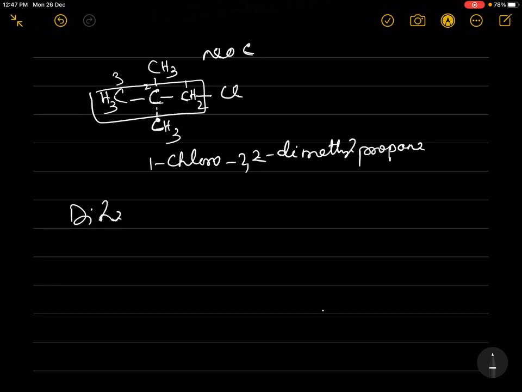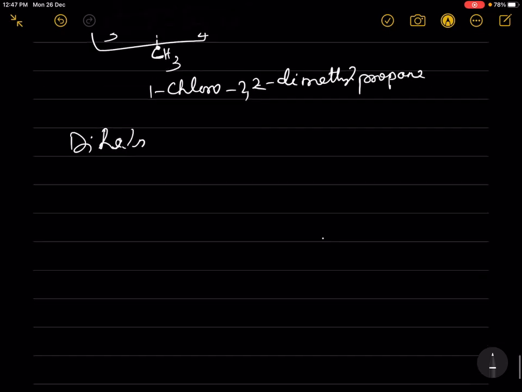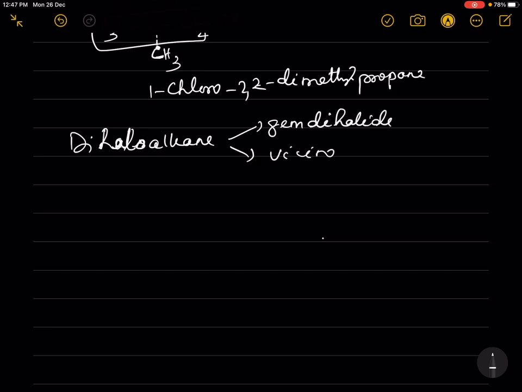Then dihaloalkane. If the alkane contains 2 halogen atoms, that is a dihaloalkane. It can be a gem dihalide, or vicinal dihalide.